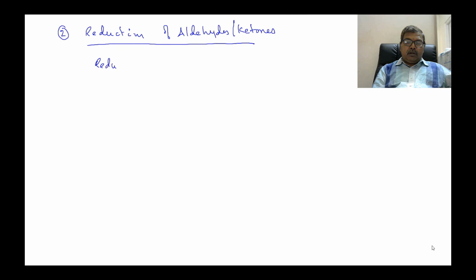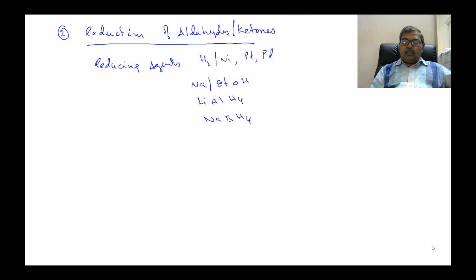Reducing agents used are hydrogen in the presence of nickel, platinum or palladium, sodium in ethyl alcohol, EtOH meaning ethyl alcohol, lithium aluminum hydride, and sodium borohydride. LiAlH4 is lithium aluminum hydride, NaBH4 is sodium borohydride.